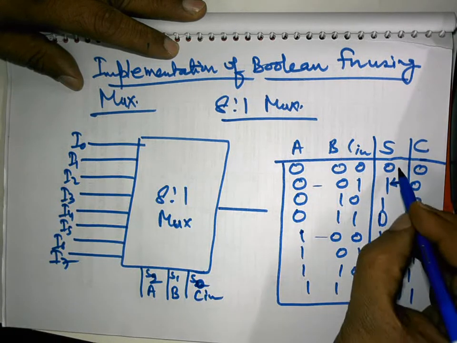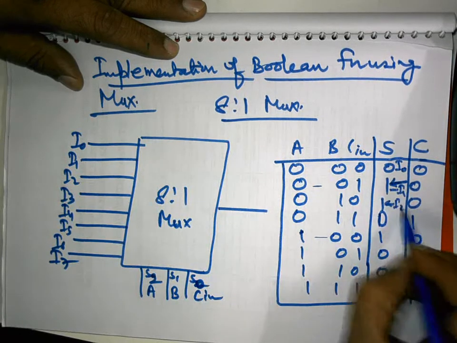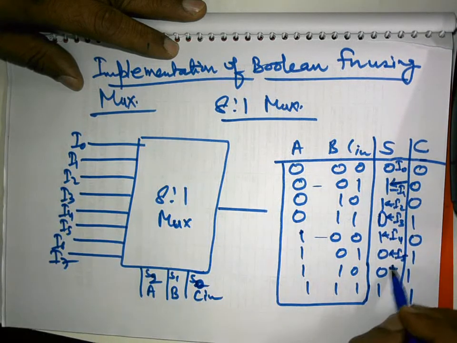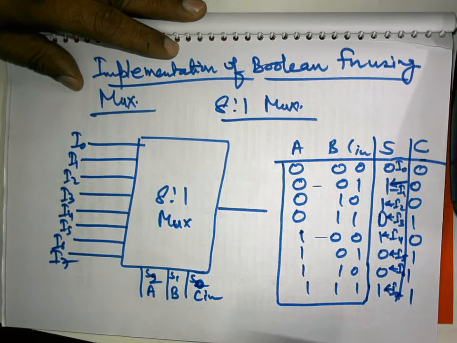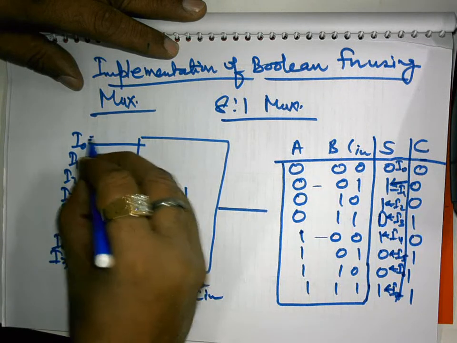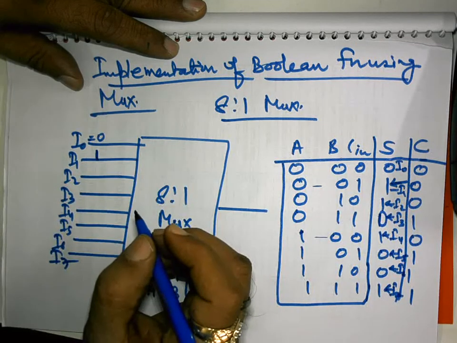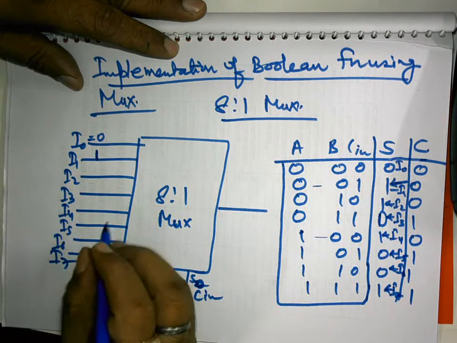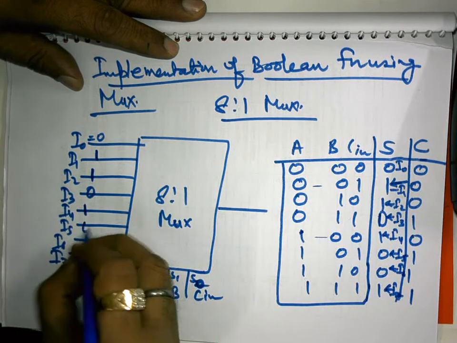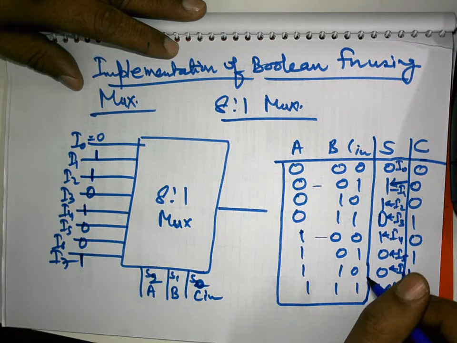And you give them input line names: say this is I0, I1, I2, I3, I4, I5, I6 and I7. So I put I0 equal to 0, I1 equal to 1, and connecting them in a similar manner, I2 1, I3 0, I4 1, I5 0, I6 0, I7 1. I make their connection this way.